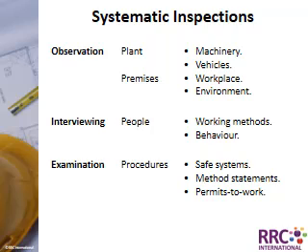Here we're checking the plant. Also, there is a weekly inspection regime where supervisors check that the forklift trucks are being driven safely. In this way, we are checking the behavior of people.